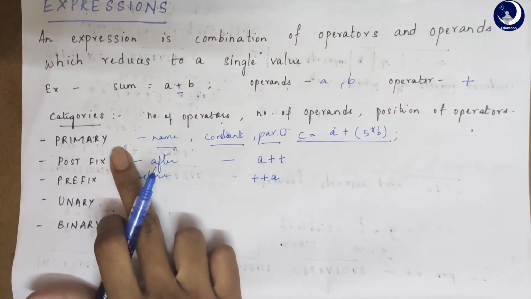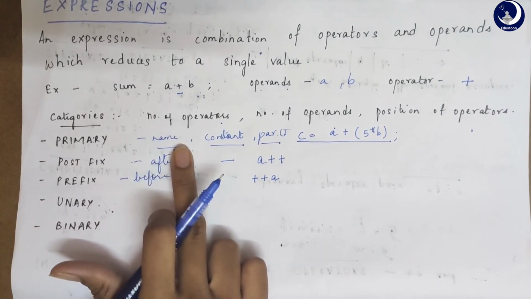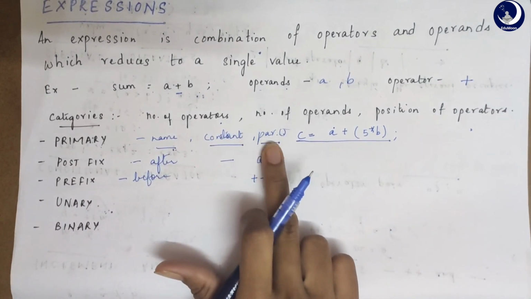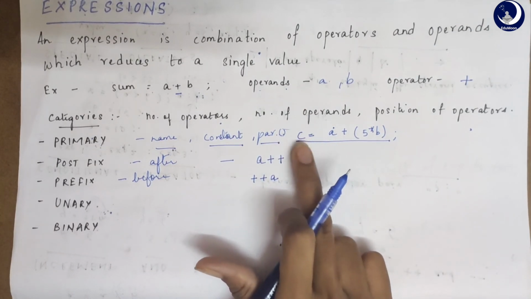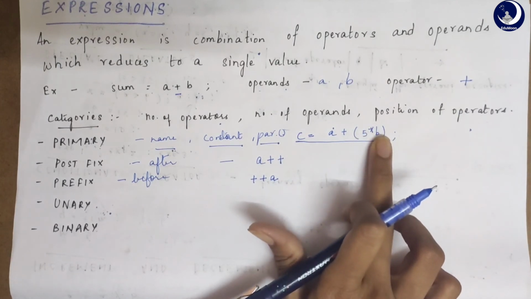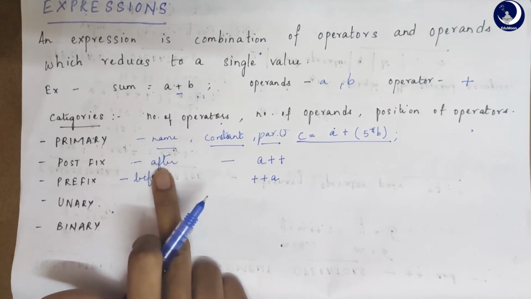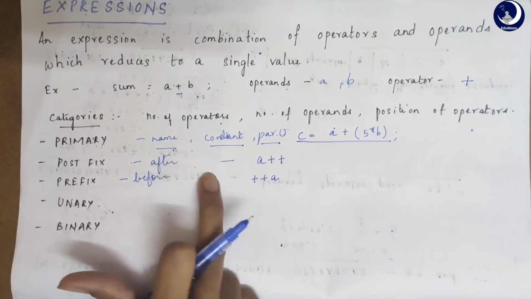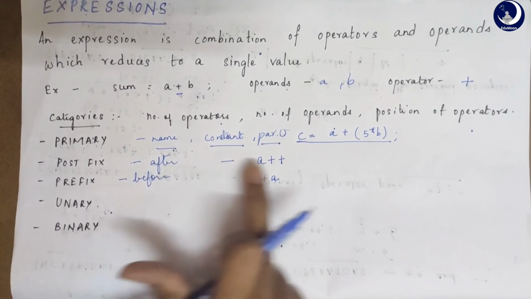The primary expression is usually a name, a constant, or a parenthesized expression. An example would be C = A + (5 * B). The postfix expression: the operator will be after the operand, like A++.